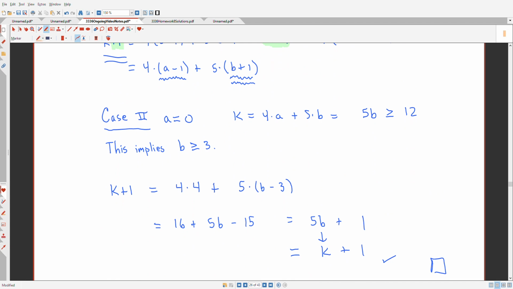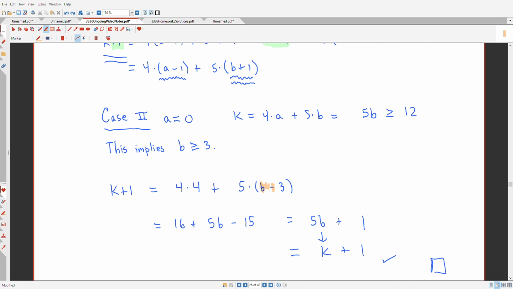But it kind of used strong induction here when I went 3 less, right? If I only assume the previous case, then subtracting 3 may be problematic. Whereas up above, in case 1, I only went 1 less, so the previous case was okay. So that's sort of where this happens.